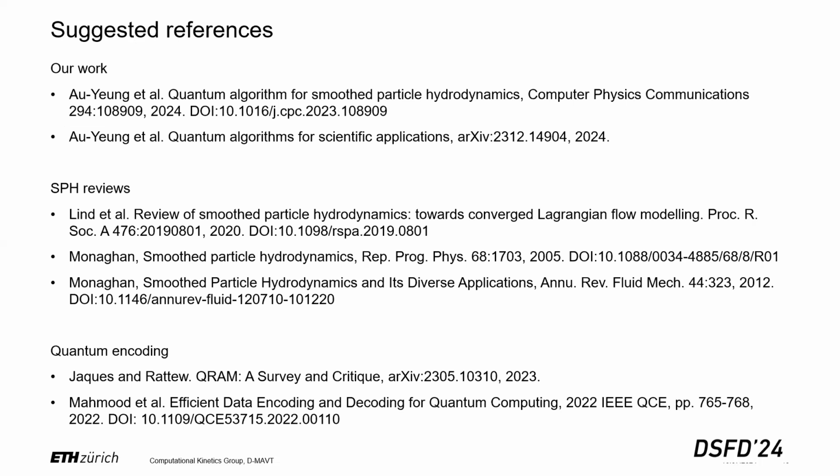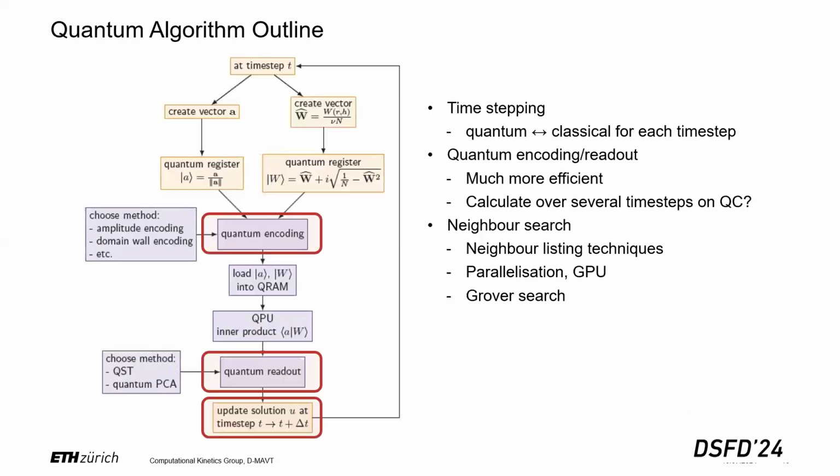Yes? By curiosity, have you tested your algorithm under noise you would expect on a real machine? So what we did was we simulated this whole thing classically. So even the quantum computing parts. So in this figure here, we calculated the inner product using Python.